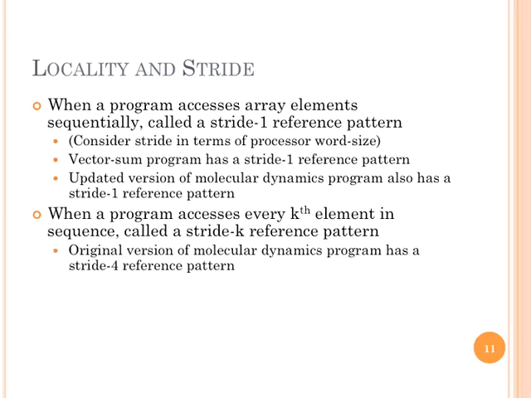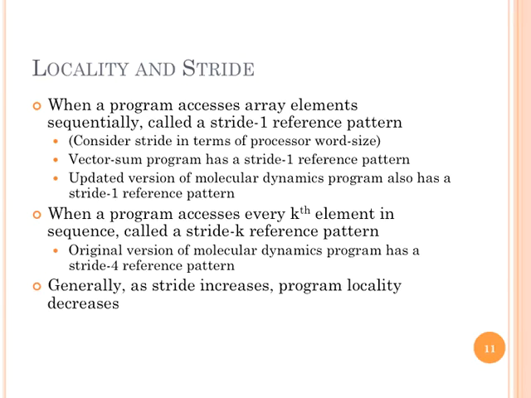And so we have this notion of stride K, where K is the space between the elements that we're accessing. So if we access every kth element, or as a specific example of our molecular dynamics program, if we access every 4th element, we call it a stride 4 reference pattern. And we'll see some interesting examples.